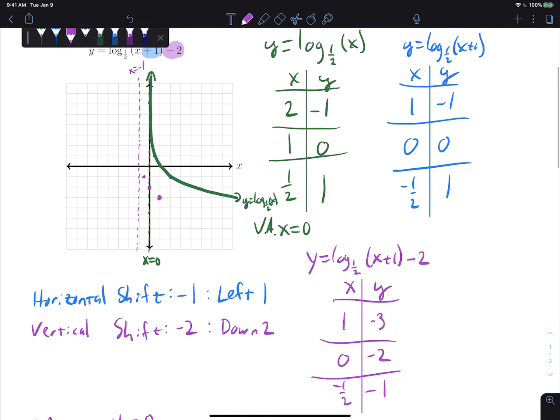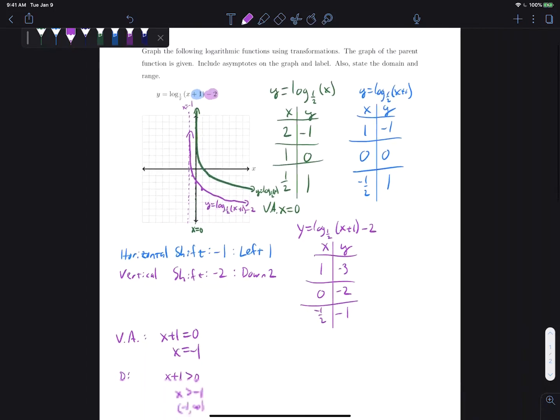And then basically just connect everything. There we go. And that, of course, is y equals log base 1/2 of x plus 1 minus 2. There we go.